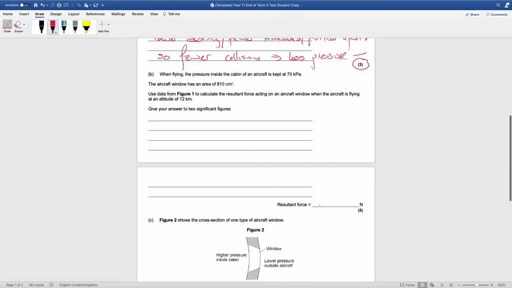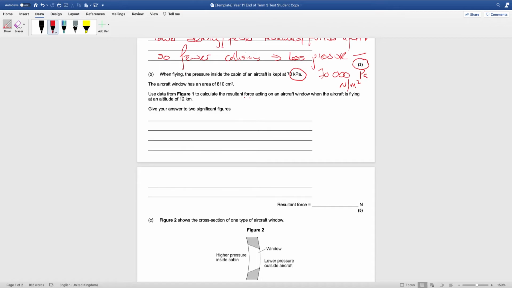When flying, the pressure inside the cabin of an aircraft is kept at 70 kilopascals. And the first thing that I would note is that is kilopascals. So that's 70,000 pascals. And I would just remind myself that is newtons per meter squared. The aircraft window has an area of 810 centimeters squared.